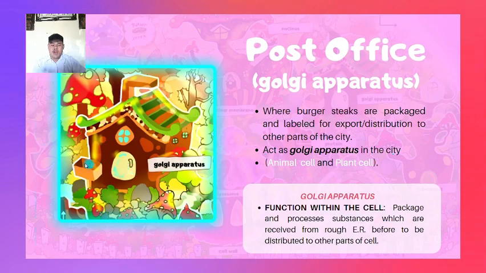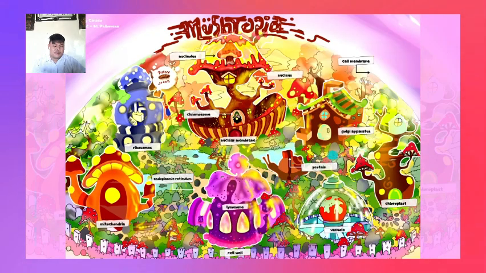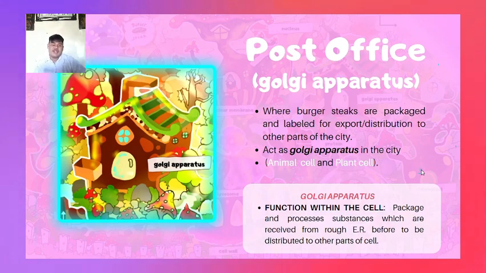Next is the post office. This is the post office. The post office is where burger steaks are packaged and labeled for export, distribution to other parts of the city. It acts as a Golgi apparatus in the city, which can be seen also in the animal and plant cell.